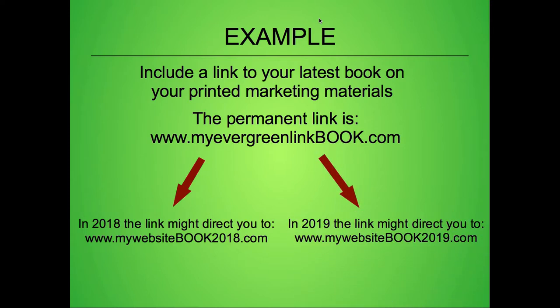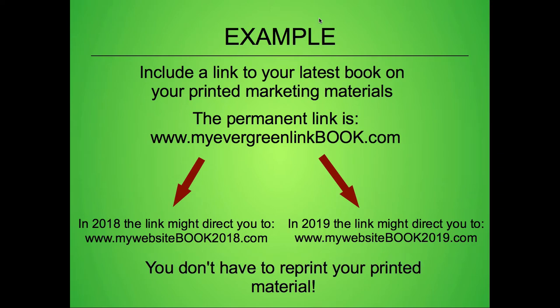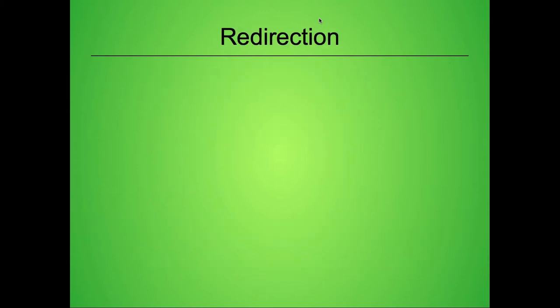And then for 2019, you would change that to www.mywebsitebook2019.com. You don't have to reprint your printed material because the evergreen link part that's on your bookmarks, etc. stays the same. It's just the link behind that you will change.